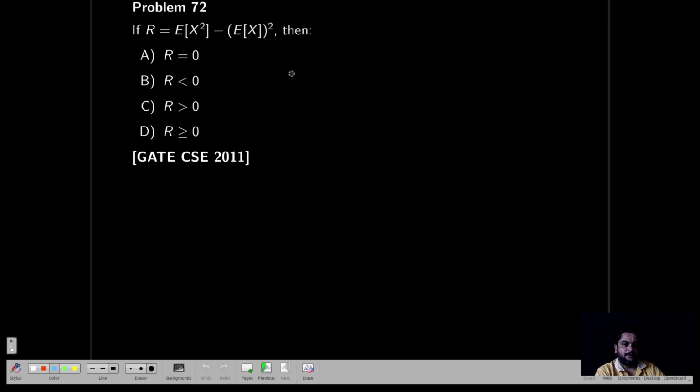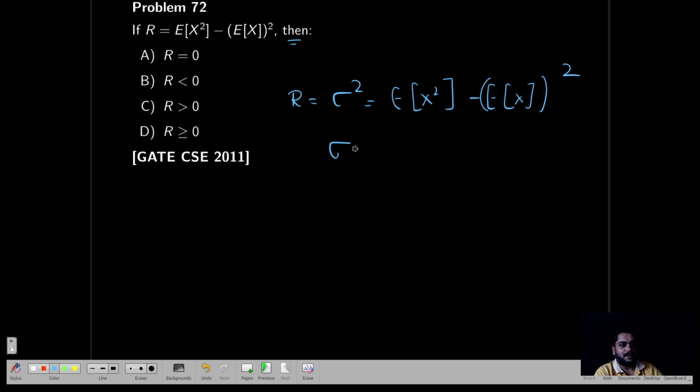Next, if r equals E of x square minus E of x whole square, then what is this r? R is nothing but the variance, no? The sigma square formula they have given directly: E of x square minus E of x whole square. The variance can be 0. Yes, the variance of a constant k is 0. This one statement is true.